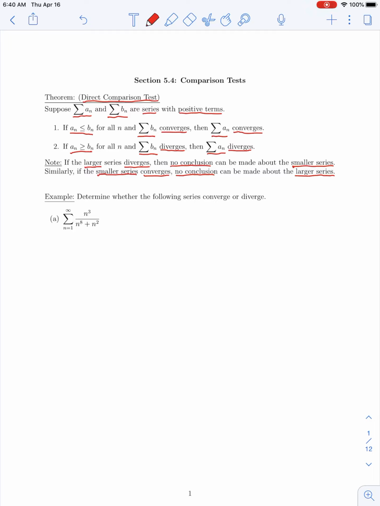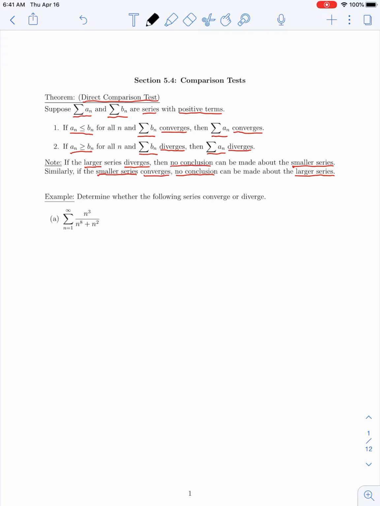In our first example, part A, we're asked whether this series converges or diverges. We've got the sum of n cubed over n to the 8th plus n squared. So when we look at this series, we could maybe start by thinking about how to compare this to a p-series.